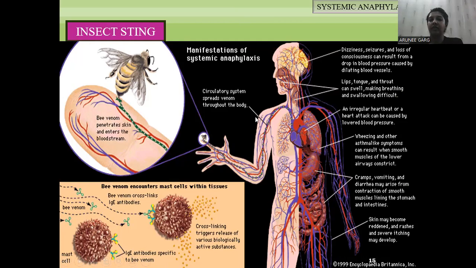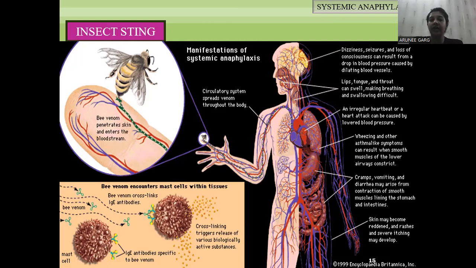Now, what this causes: the circulatory system spreads the venom throughout the body, and the biologically active substances are released in the blood, and these cause symptoms like dizziness, seizures, and loss of consciousness. The lips, tongue, and throat can swell up and make swallowing and breathing difficult. Irregular heartbeat or a heart attack can occur, caused by a lowered blood pressure.